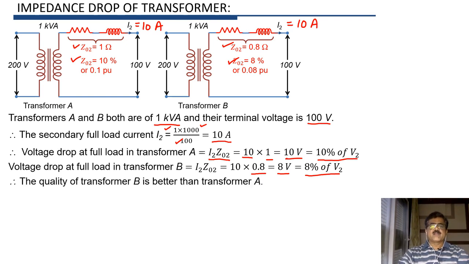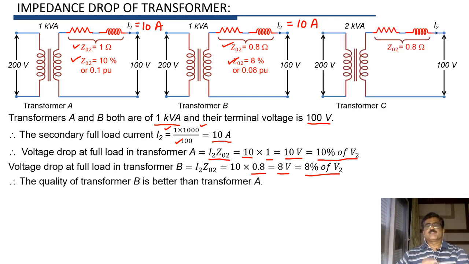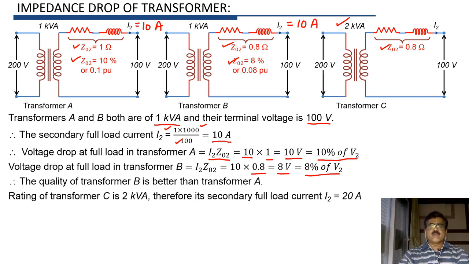Let us consider one more transformer, that is transformer C. Now in this case also Z02 is 0.8 ohm, but the difference is in this case kVA rating is 2 kVA. So if kVA rating is 2 kVA, what will be the secondary full load current I2?